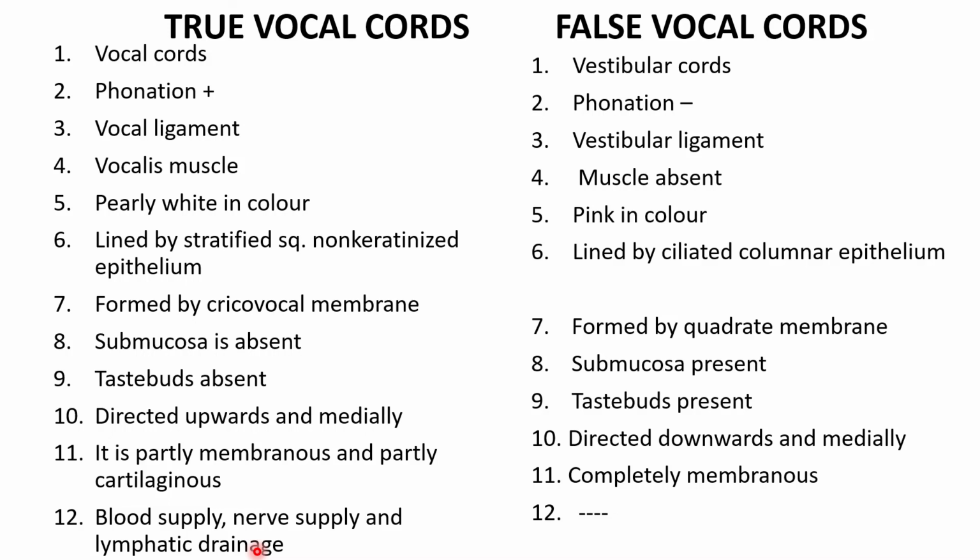Beneath the vocal fold, it is mainly taken up by the pretracheal and the paratracheal group of lymph nodes. So these are certain differences between the vestibular fold and the vocal fold, or else called the false vocal cords and the true vocal cords.